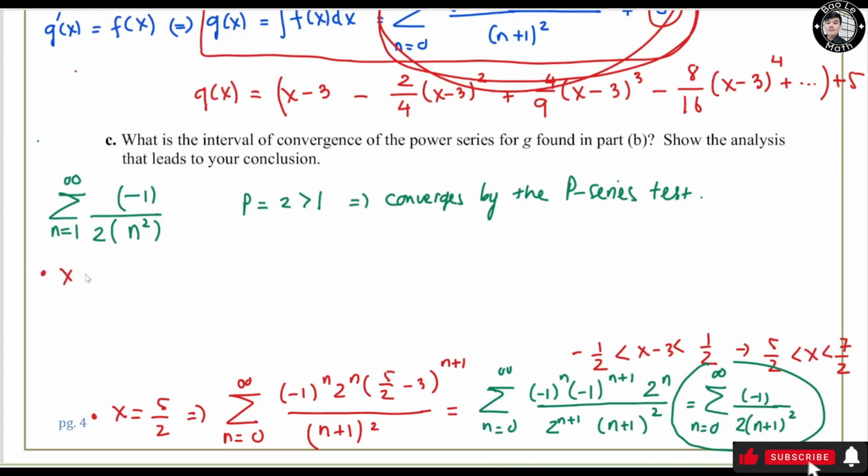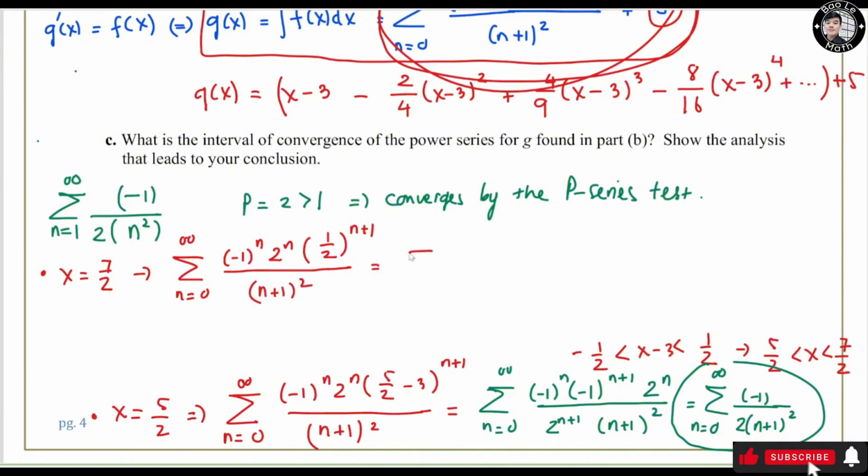Now if s equals 7 over 2, I have the series from n equals 0 to infinity of negative 1 raised to the n, 2 raised to the n, and 7 over 2 subtract 3, which is 1 over 2 raised to the n plus 1, over n plus 1 squared. This is the series from n equals 0 to infinity of negative 1 raised to the n times 1 raised to the n plus 1 times 2 raised to the n over 2 raised to the n plus 1 times n plus 1 squared.